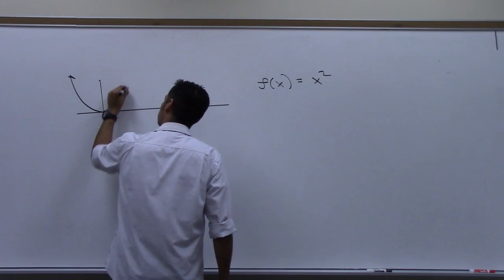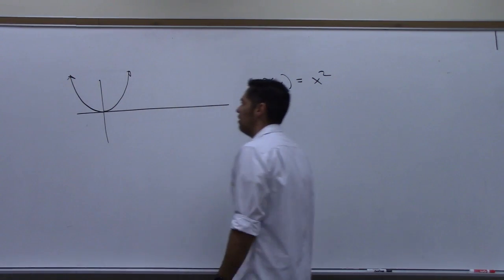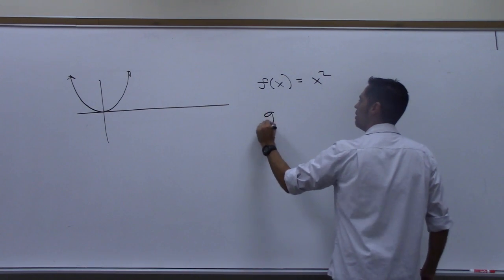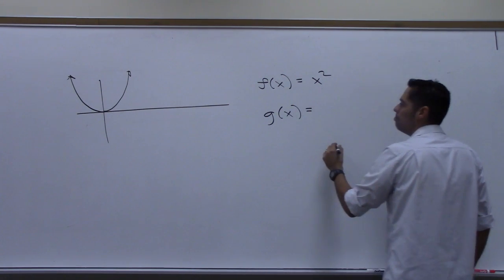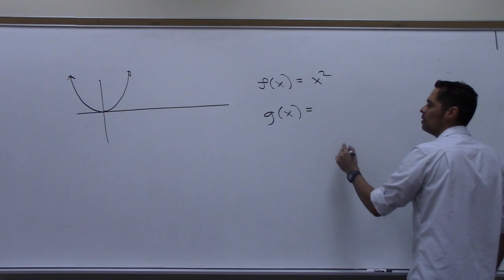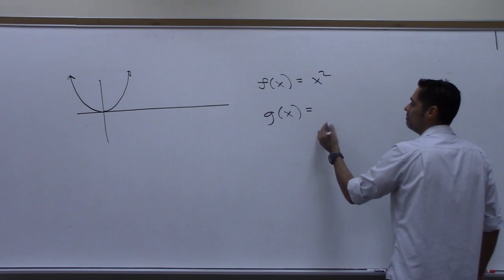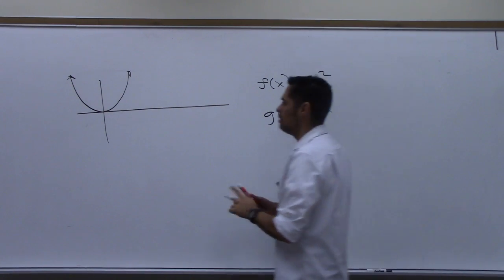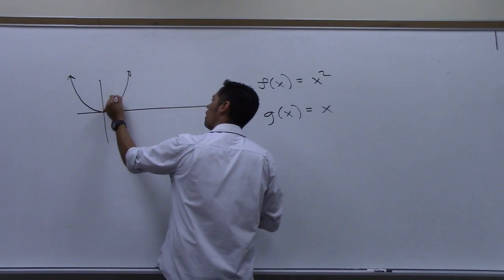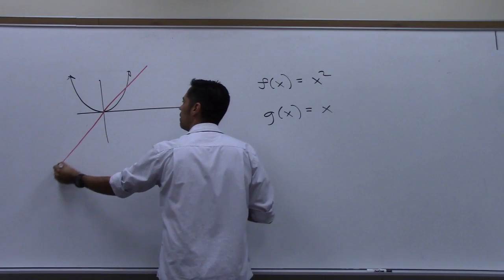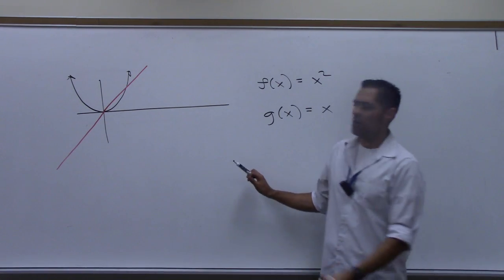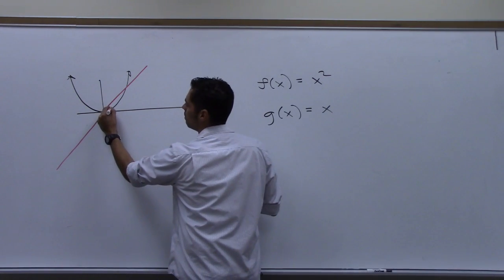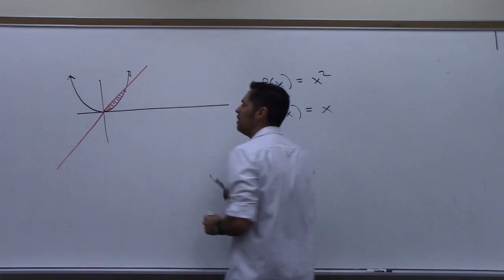Then let's take another function, like x. Keep it simple, which is the line. It goes like this. You see this region right here between the two? Okay.